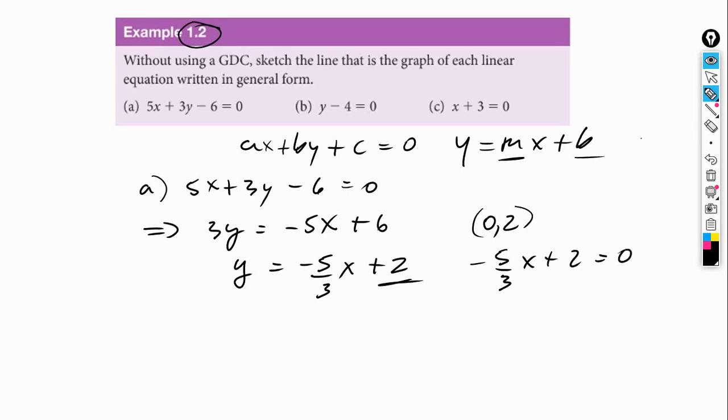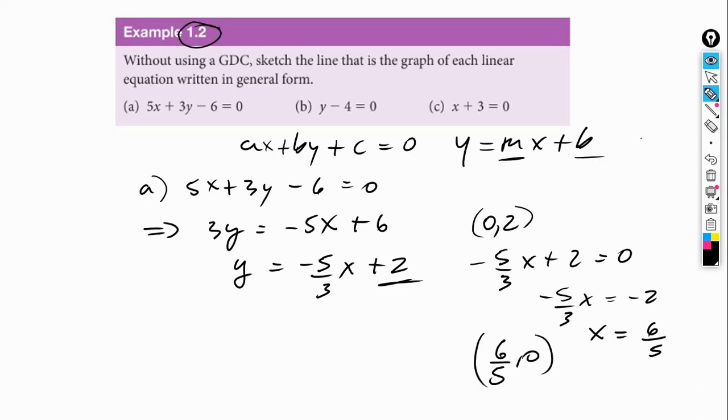So for what value of x is y 0? That would give us the x-intercept. So if we rearrange this, we're going to have minus 5/3 x equals negative 2. And then we're going to get that x is equal to 6 over 5. So that means that (6/5, 0) is our x-intercept.